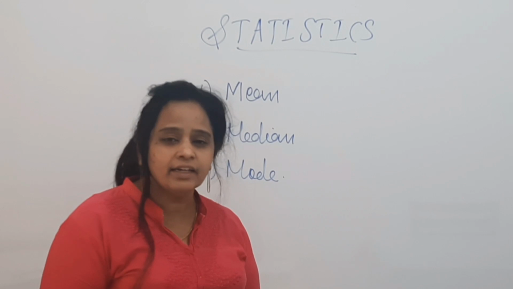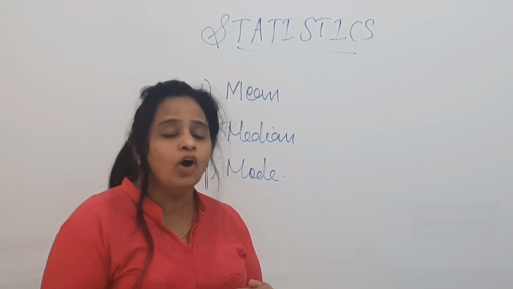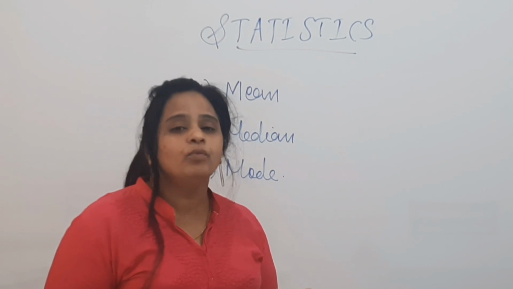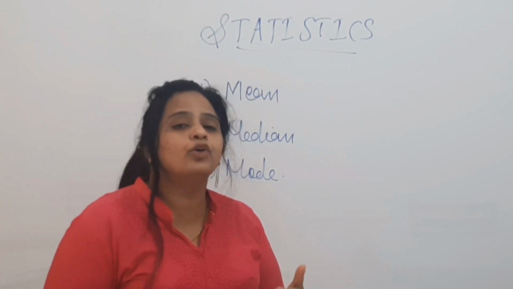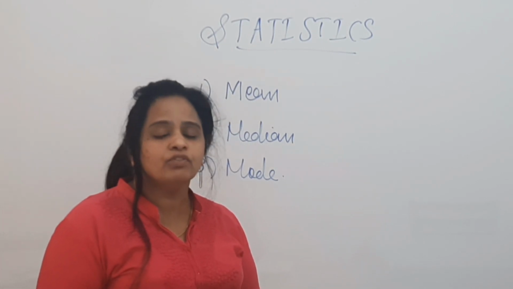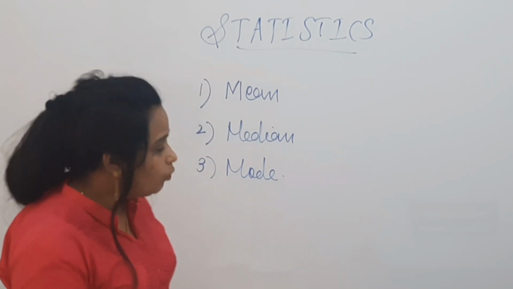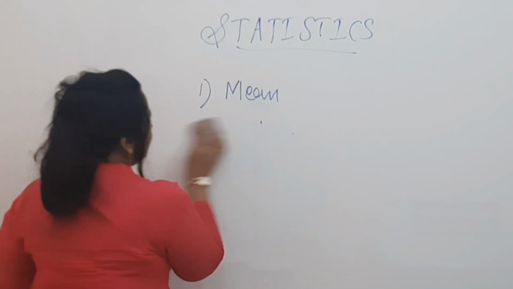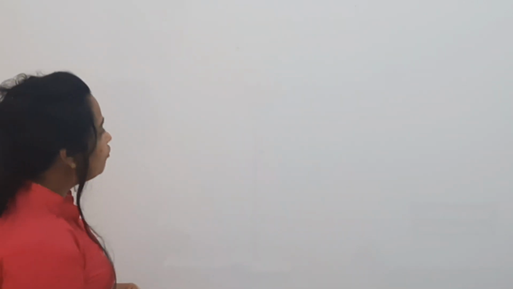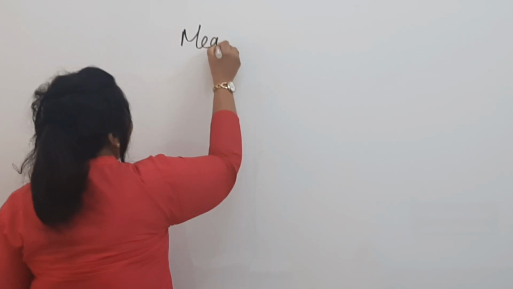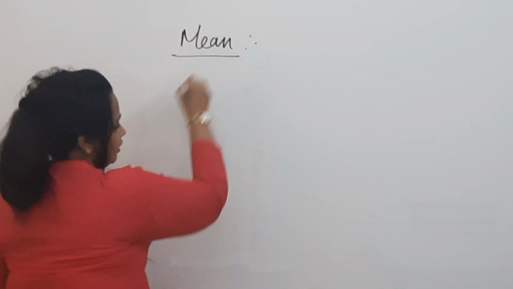Now, we are going to recollect only for the ungrouped data collection. Later, we will go for grouped data, how to find the measures of central tendency. First, we'll go with mean. I know mean is nothing but finding the average of all the data given.